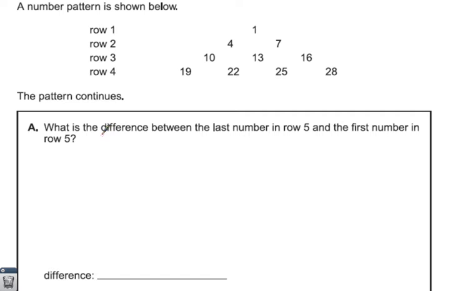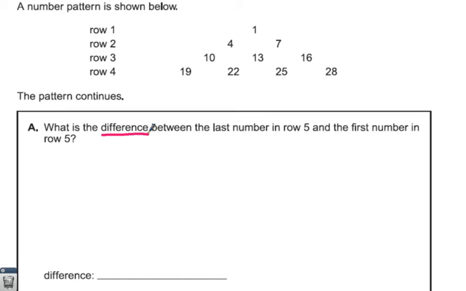What is the difference between the last number in row 5 and the first number in row 5? Well, we don't have a row 5 yet, do we? So it looks like we're going to have to keep this pattern going and figure out what's going to be going on in row 5 so we can answer this question about the difference between the last and the first number in row 5.